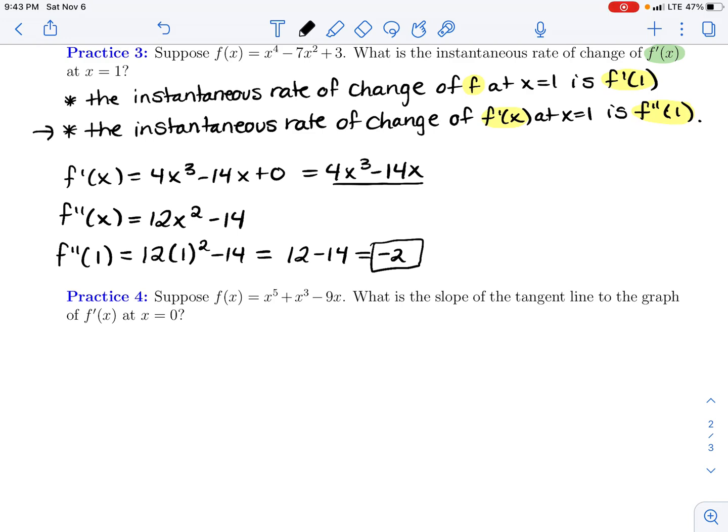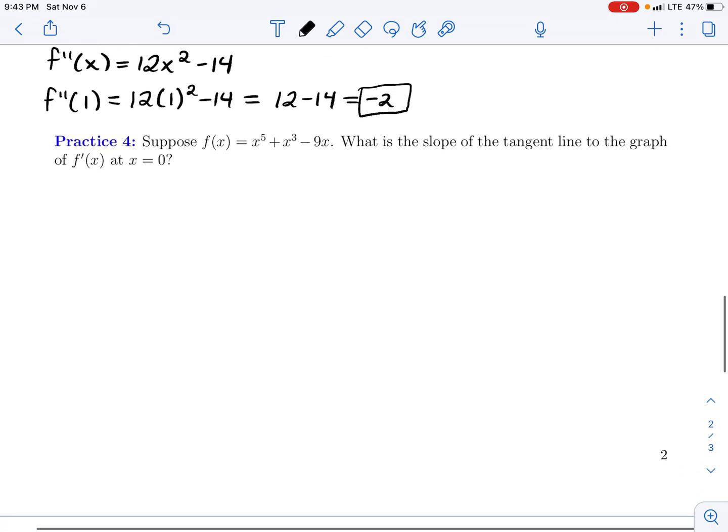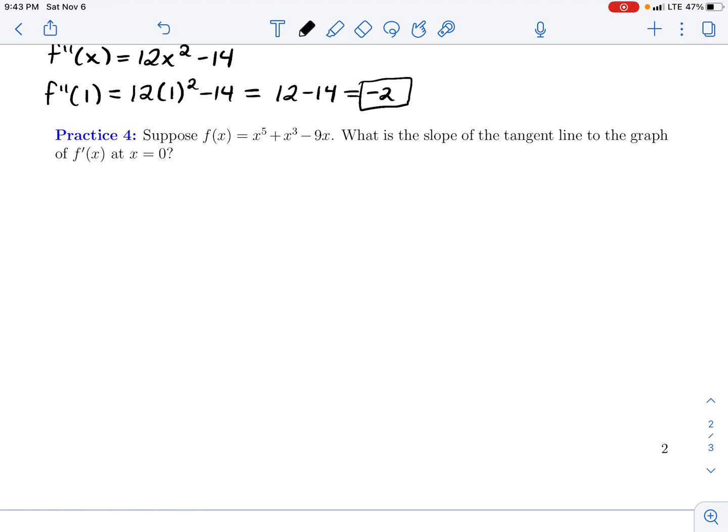Okay, same idea here in practice 4. It says, suppose that f of x is equal to x to the fifth plus x cubed minus 9x. What is the slope of the tangent line to the graph of f prime at x equals 0?